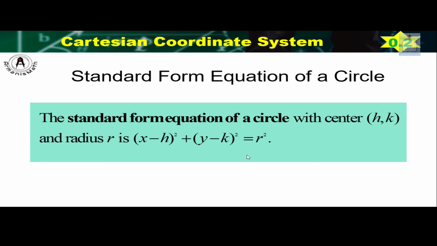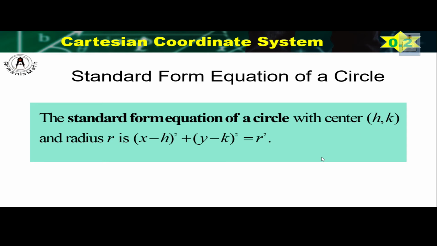Moving on to the circle. Standard form equation of the circle looks like this. X minus h squared, y minus k squared equals r squared. H and k being the center of this circle, and r is your radius.